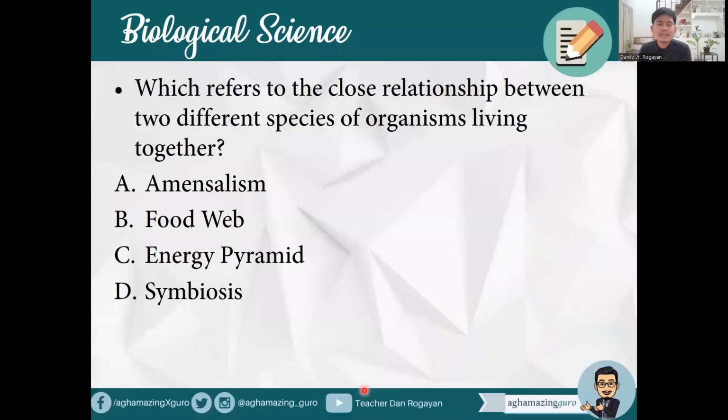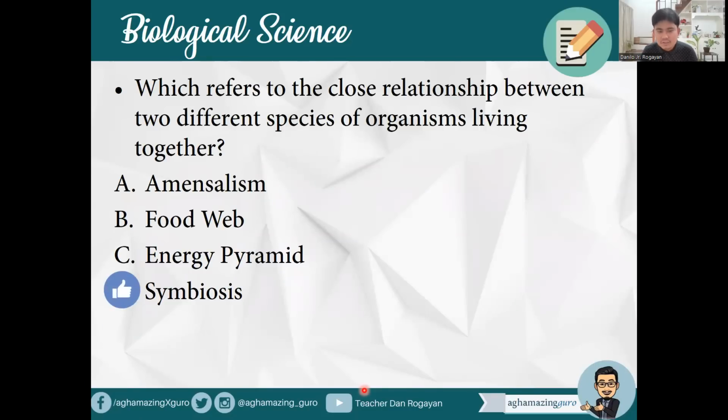Which refers to the close relationship between two different species of organisms living together? A, amensalism. B, food web. C, energy pyramid. D, symbiosis. What is the answer? I can see letter D, another D, another D. All right. Correct. So that is symbiosis.